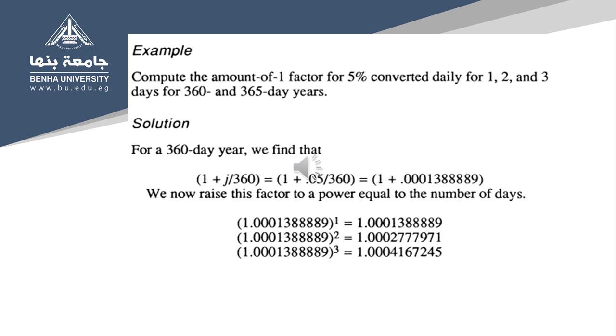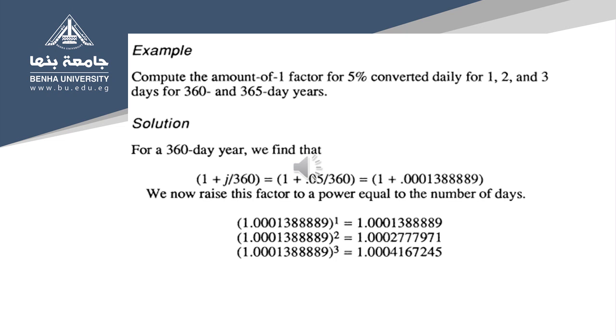Compute the amount of one factor for 5% converted daily for 1, 2, and 3 days, for 360 and 365 day years. This is a very important example to understand the meaning of daily compounding.